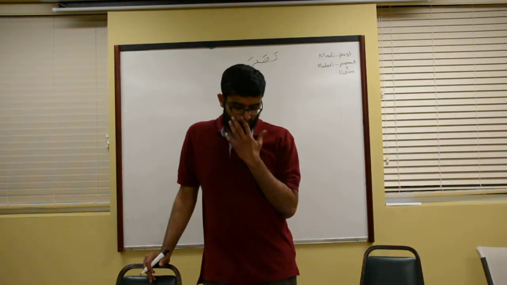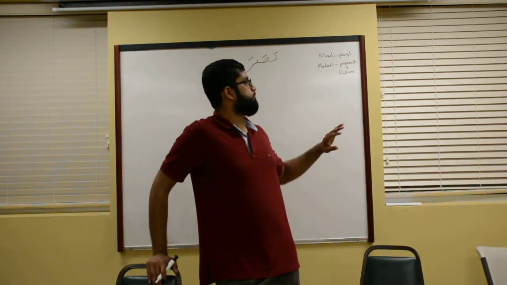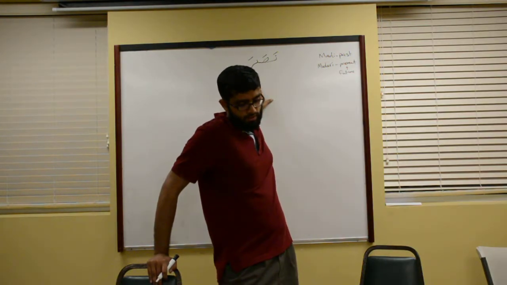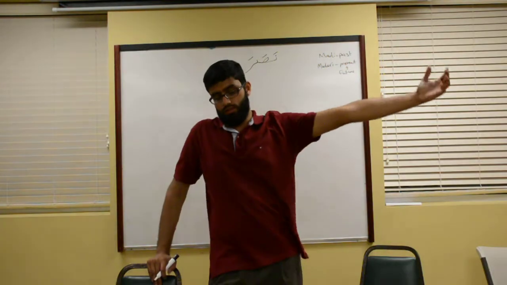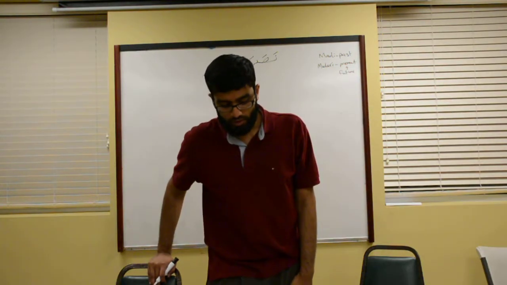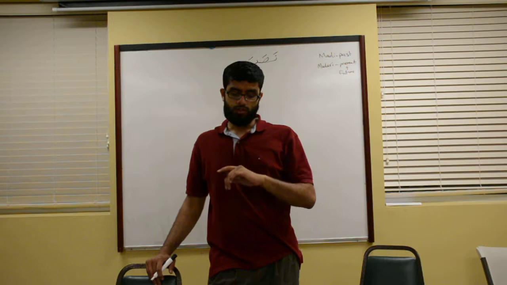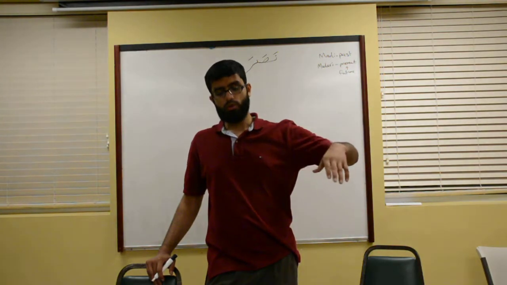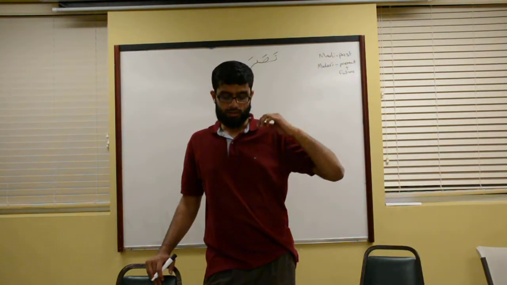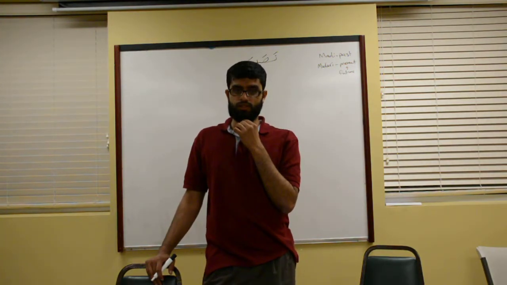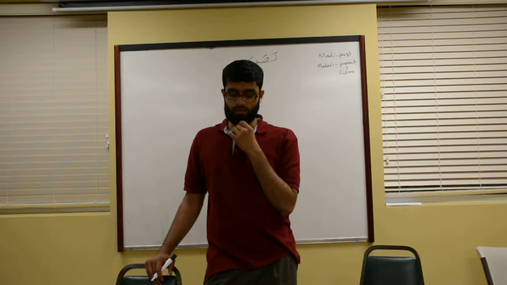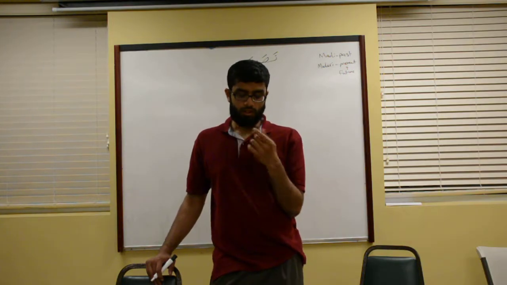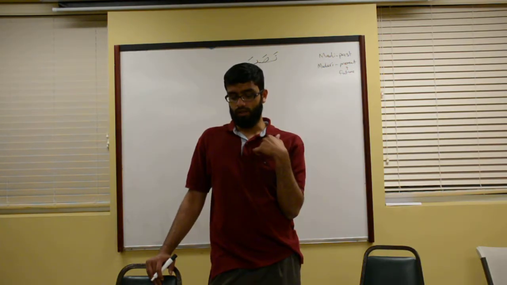Okay. So let's review madi first. The first verb in that list is nasara. Nasara means he helped, or to help someone. Let's do it together. Nasara, nasaru, nasarat, nasara, nasarna, nasarta, nasartuma, nasartum, nasarti, nasartuma, nasartunna, nasartu, nasarna.